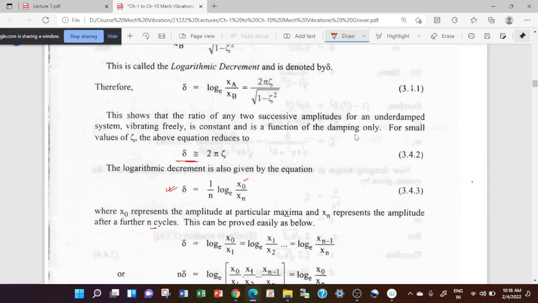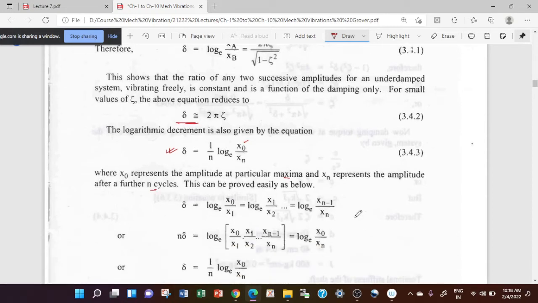So here, for every cycle, you can write the delta value. It is the natural log of x naught upon x1, then x1 upon x2, and so on.